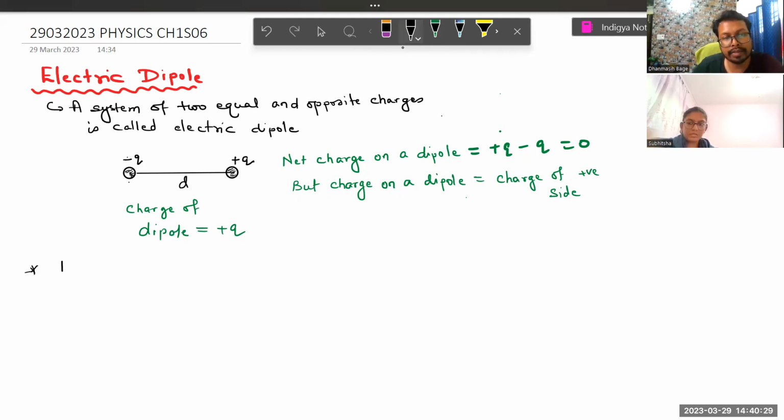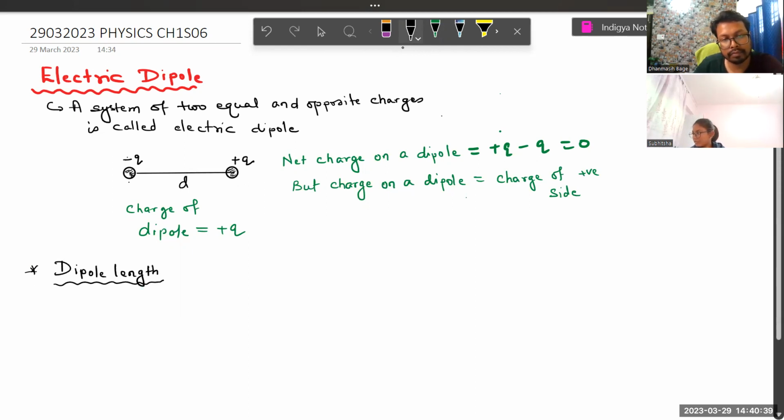And then there are certain terms that we need to understand. Dipole length. Dipole length is a vector quantity.